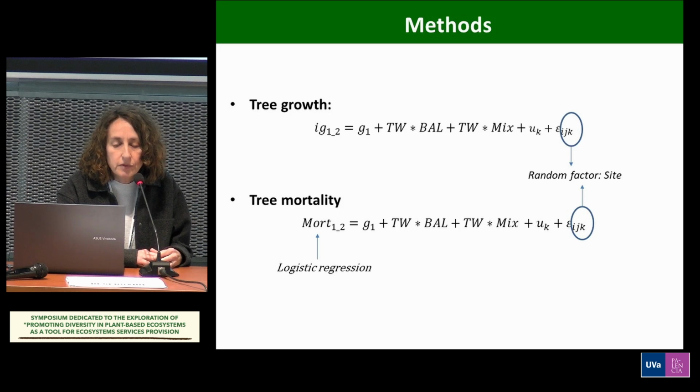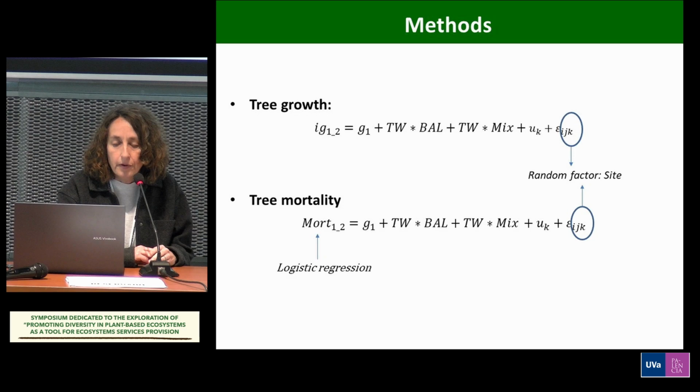And for this we use this index, that is the basal area of larger trees. So the greater the basal area of larger trees, the more suppressed is the tree. And also we explore if the thinning response is different in mixed and in pure stands. That is our main question.